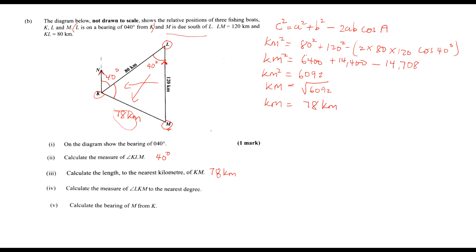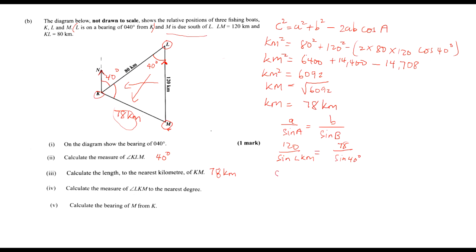So we say a over sine A is equal to b over sine B. So let's use a as 120 over sine LKM, which is what we want to find, which is equal to b, which will be 78 over sine 40 degrees, right?